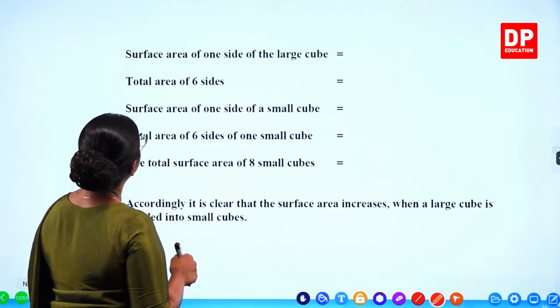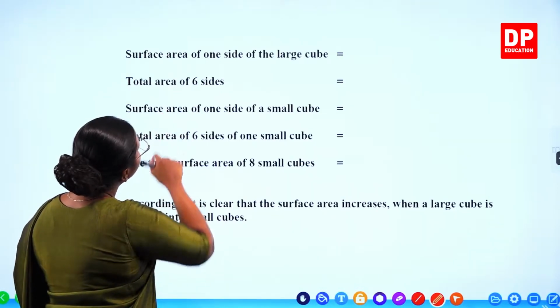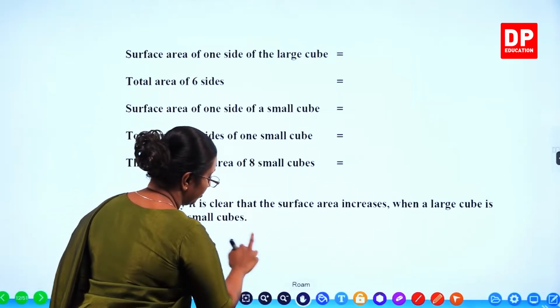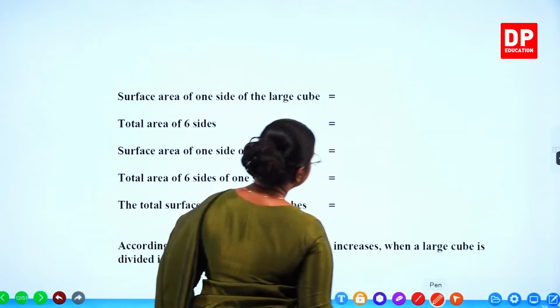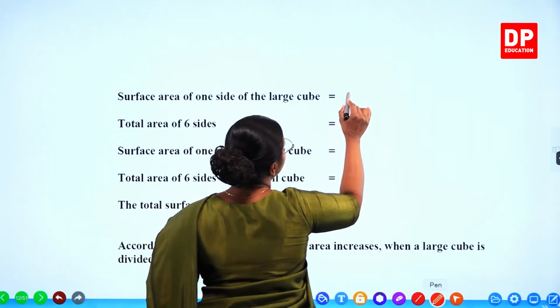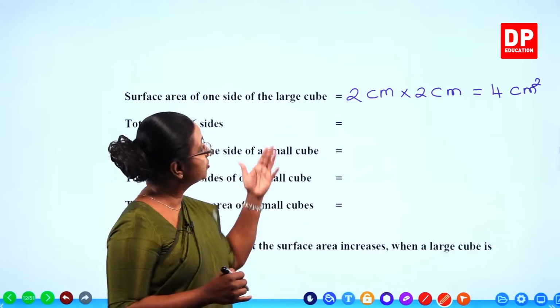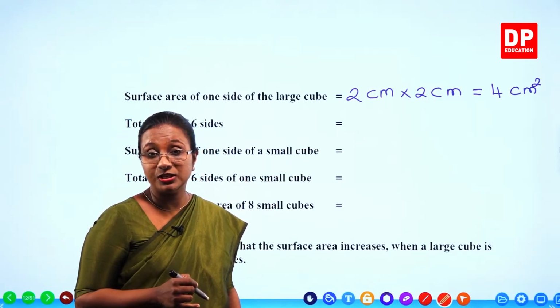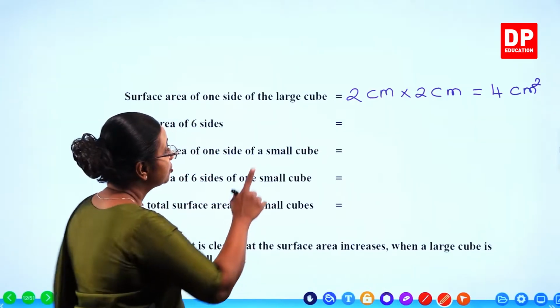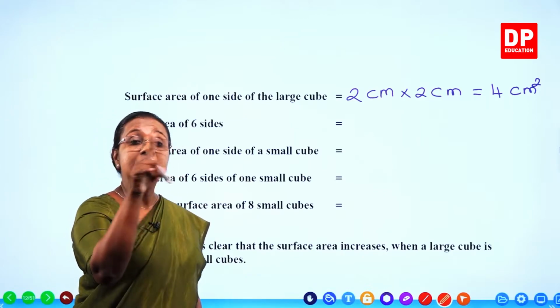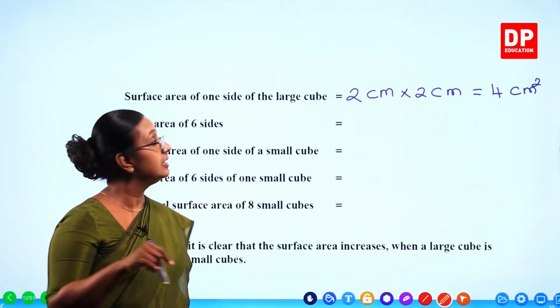Here you can see the surface area of one side of the large cube. What is the surface area of one side of the large cube? 2 centimeters into 2 centimeters, so you get the surface area as 4 centimeter square. I did the calculation before also, but here, students, I have substituted with the unit itself. So, 4 centimeter square is the surface area of one side.